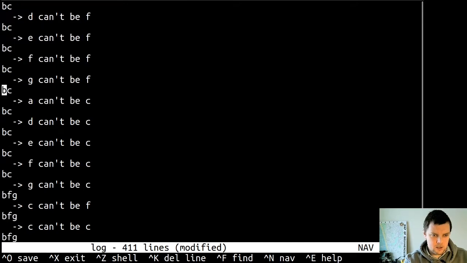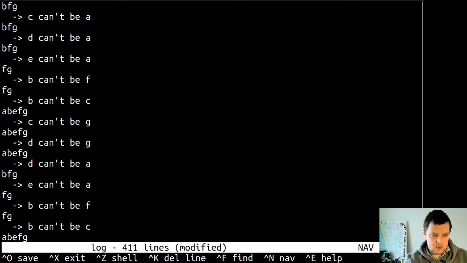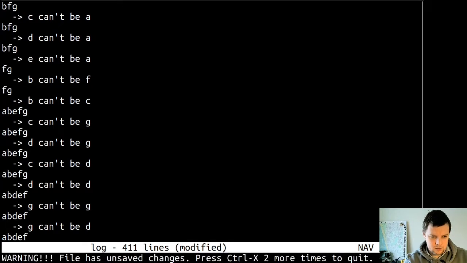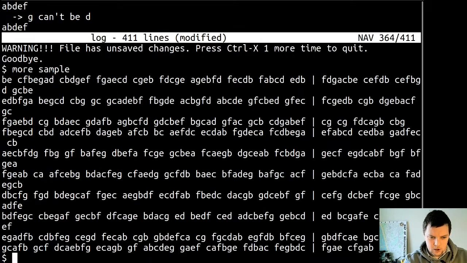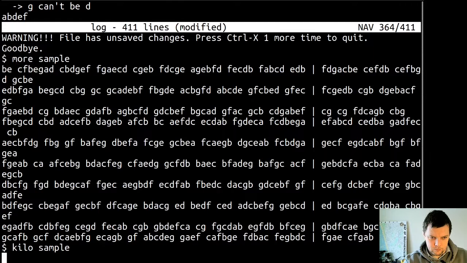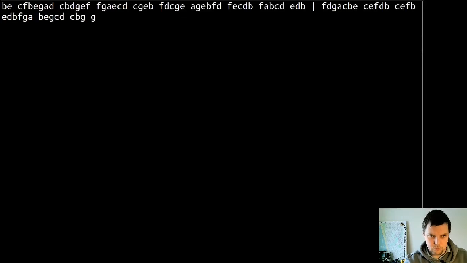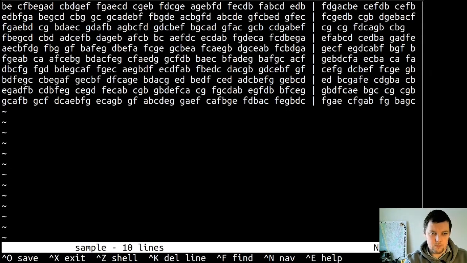So is that not the actual input? Does it go BC, BFG, FG? No, it doesn't do that. It goes A, C, B, F, D, G. So what's the problem there?